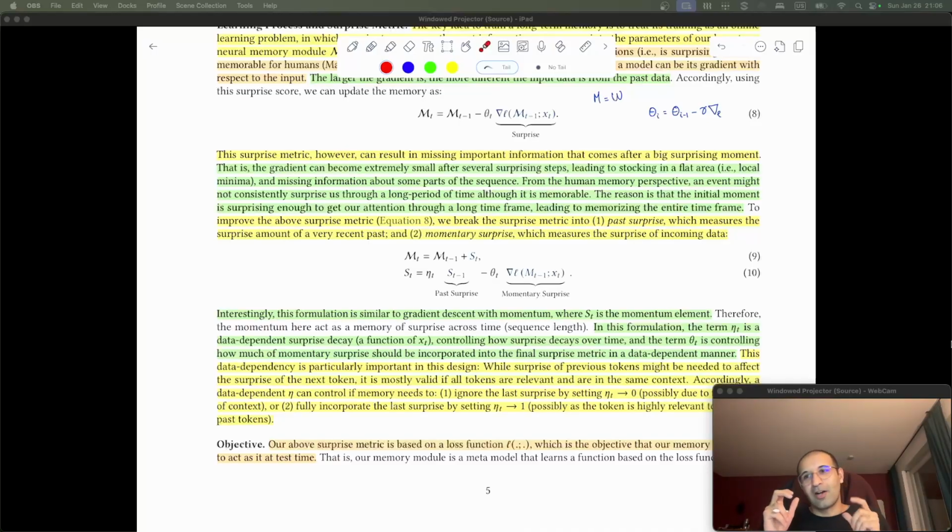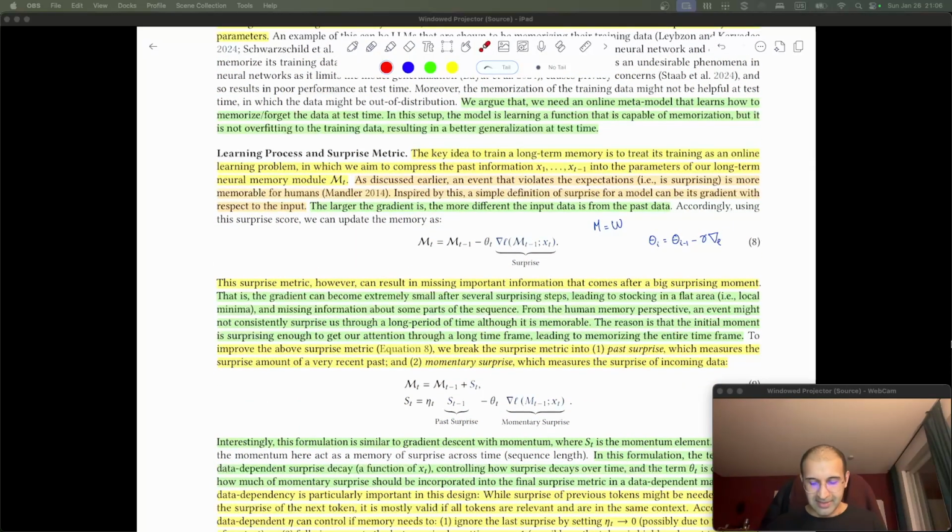In order to avoid this, they use the momentum, just like we do when doing model training. They call it the past surprise, and this past surprise is nothing more than the past gradient term in the momentum of the optimizers that we use, for example, the Adam optimizer. And then the momentary surprise, which is the gradient with respect to the current input.